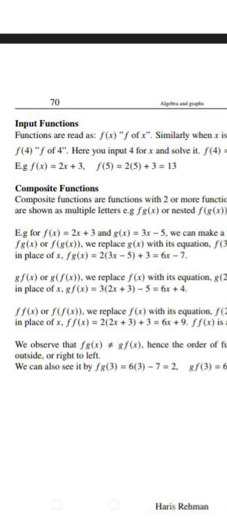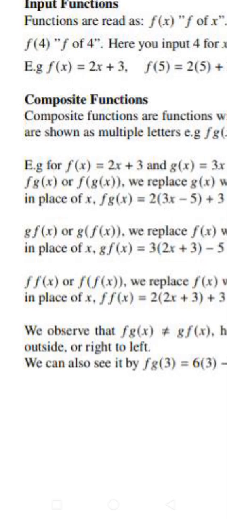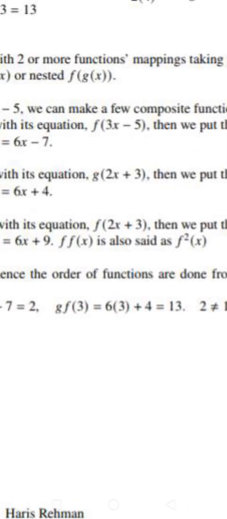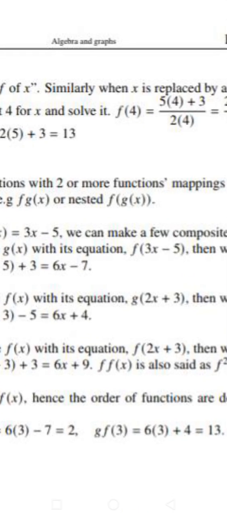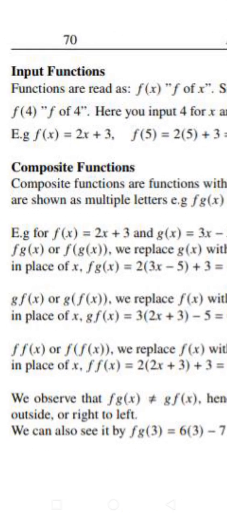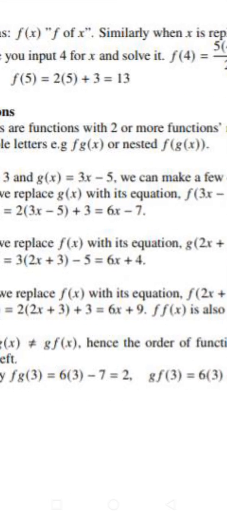Next, in the third line, I also told that if we were to apply a function on itself again, then we just basically have f of f of x and so on. You basically do the same thing you did with f and g, but with f in place of g.